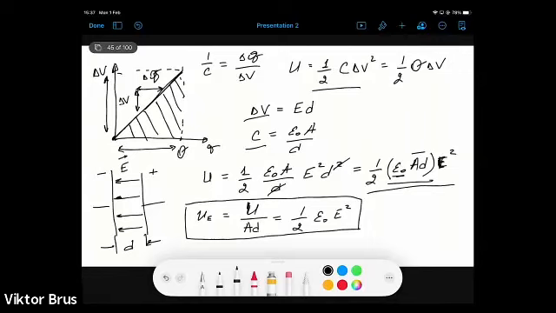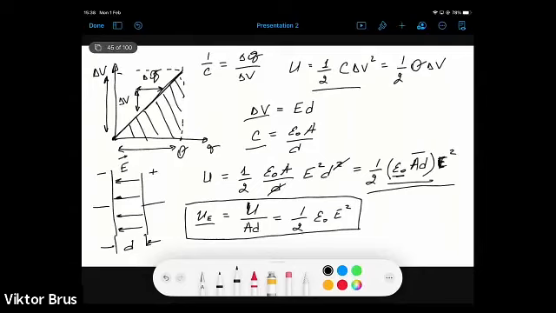If we have electric field specified in the space as a vector field, then we know that in any unit volume of this electric field, we have certain energy due to the existence of electric field, which is UE, and this energy in this unit volume is proportional to the square of electric field vector in this given point.